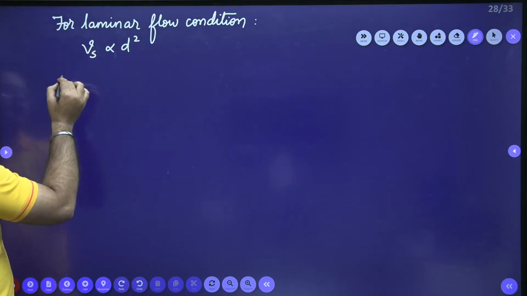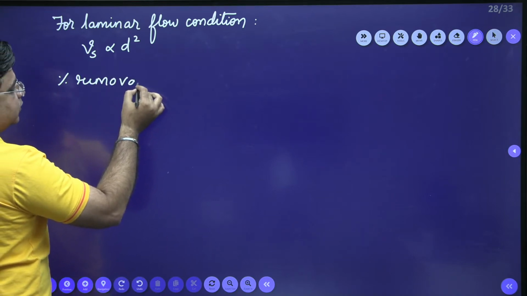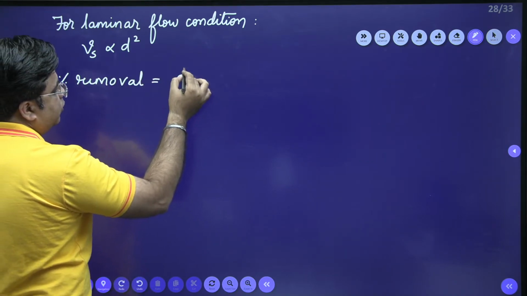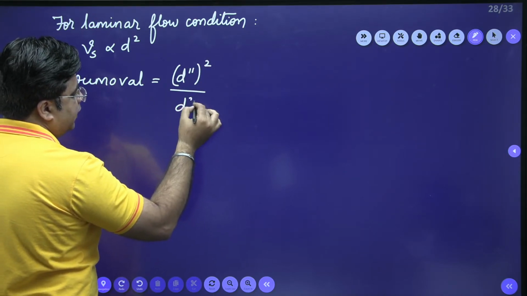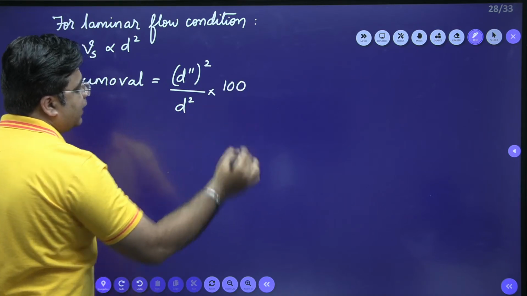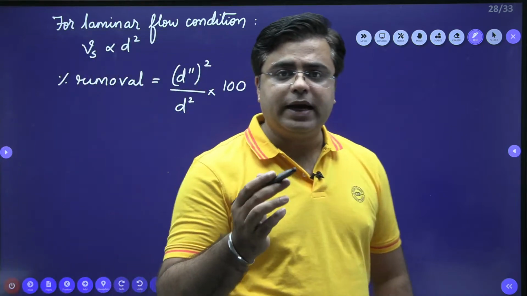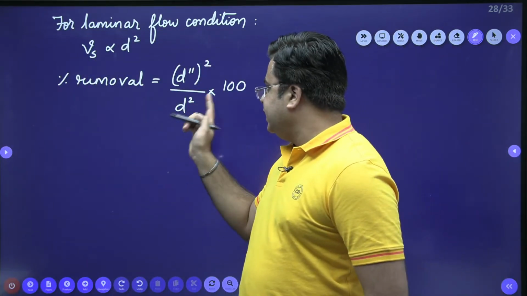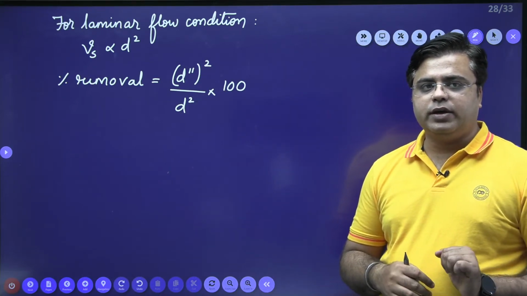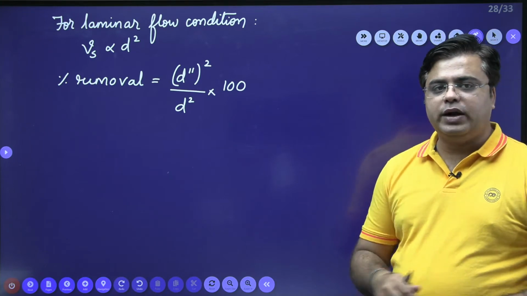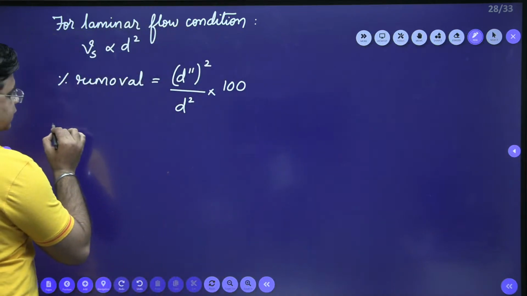So only for laminar flow condition, percentage removal can be calculated using the size of the particle. So this is equal to d double dash square divided by d square into 100. Only for laminar flow condition this can be done.